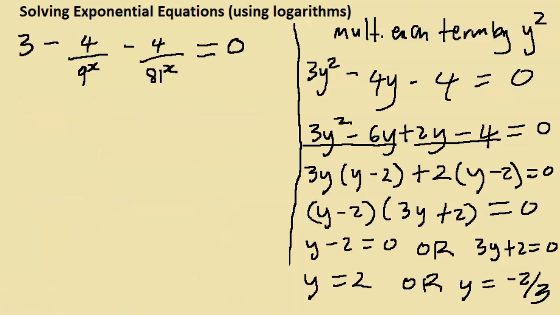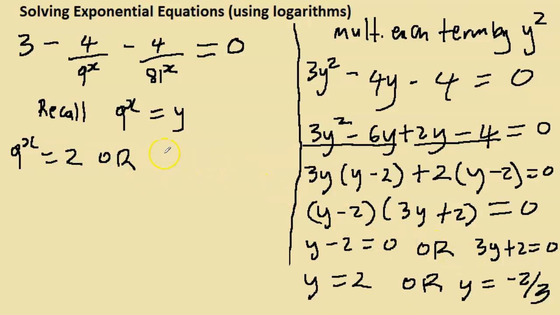So now, recall that 9 to the power of x equal to y. That's what we did, right? So, when y is equal to 2 here, 9 to the power of x is equal to 2.